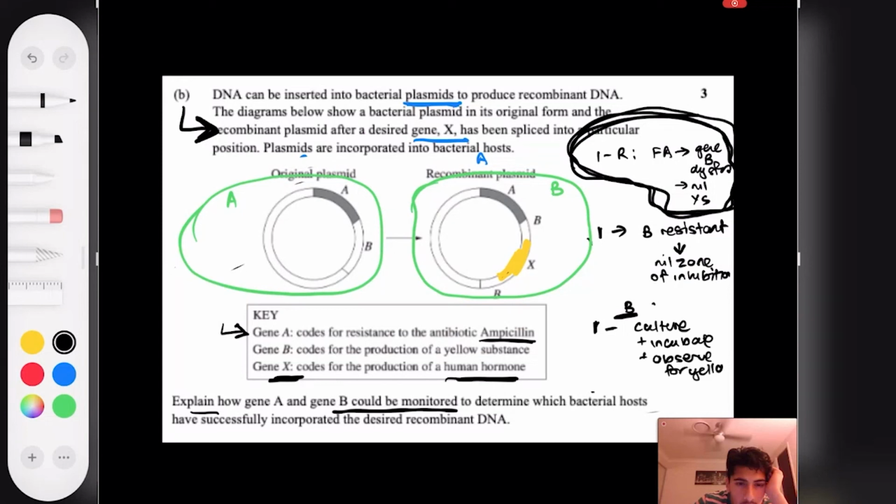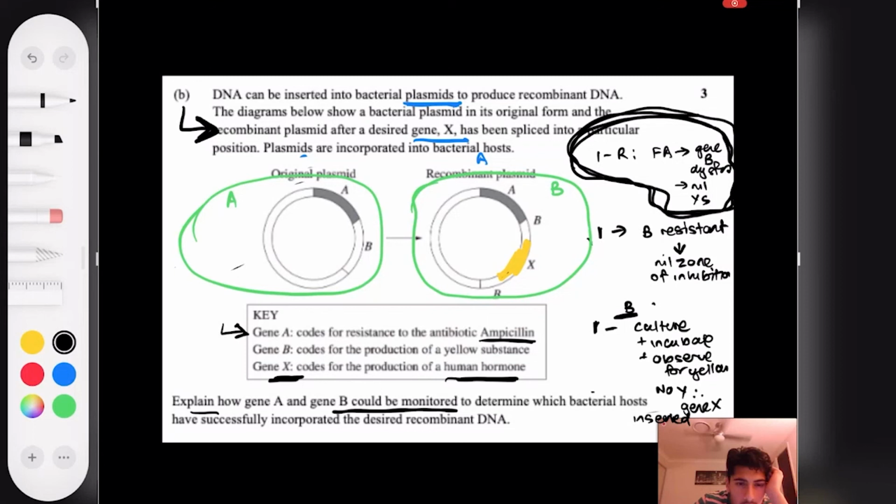And if there's no yellow color, that means gene B is not working, which means, therefore, gene X has been inserted. Does that make sense? Very good. Any questions, please do ask.